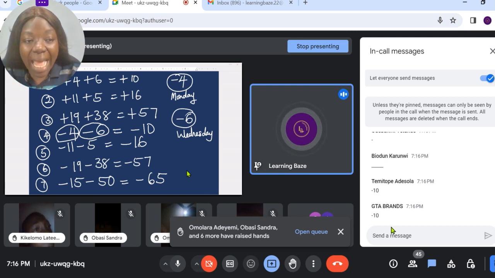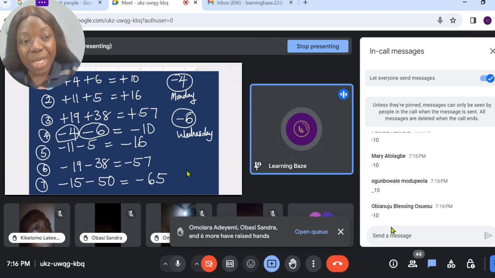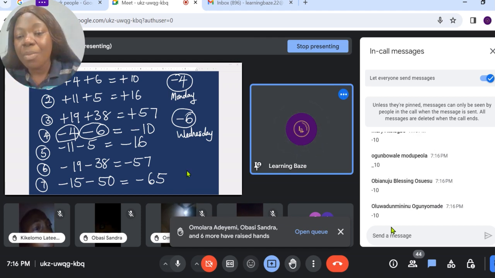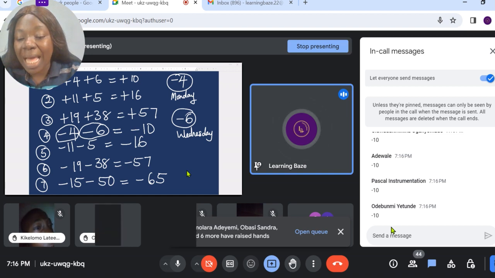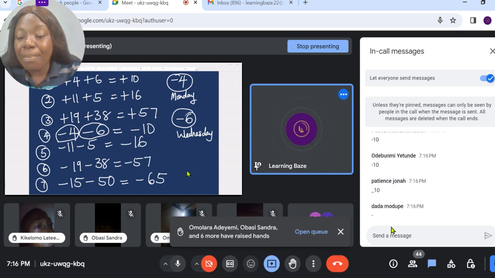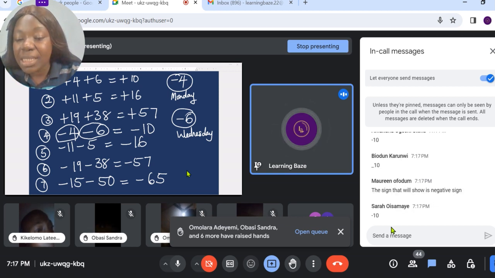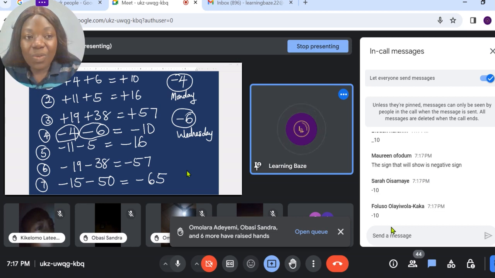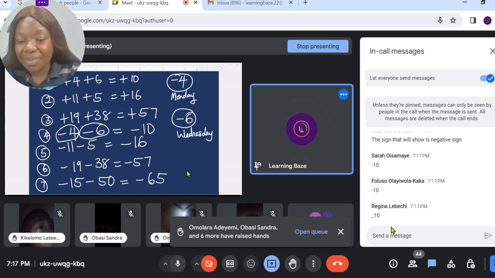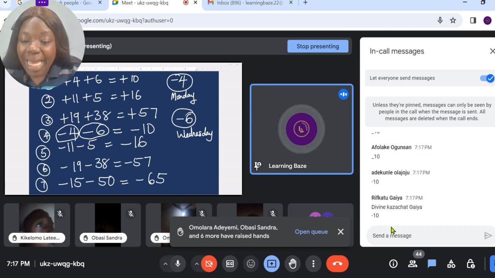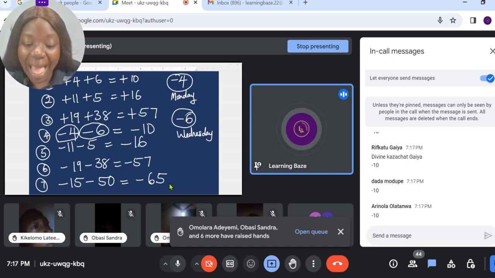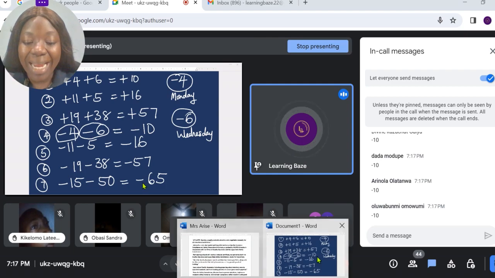I owed on Monday, I owed on Wednesday, and I am still owing. So altogether, how much am I owing? And how will you write my number? Are you going to say it is plus 10 or minus 10? So you have an option now. Wow, yeah, I'm still owing, so the answer will be minus 10.